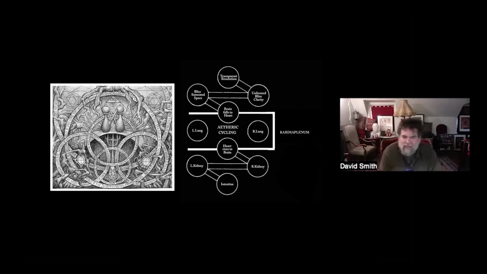Now, in this space where the crystallization and the meeting of these two vectors takes place, which I refer to as the cardia plenum, which we should really talk about quite a bit. When you look at the attribution of the organ system to this diagram, you see that that's where the lungs are located.